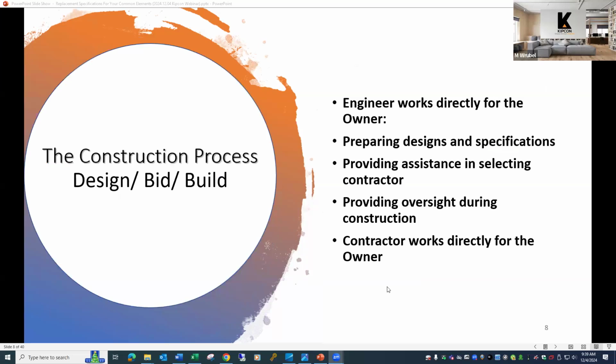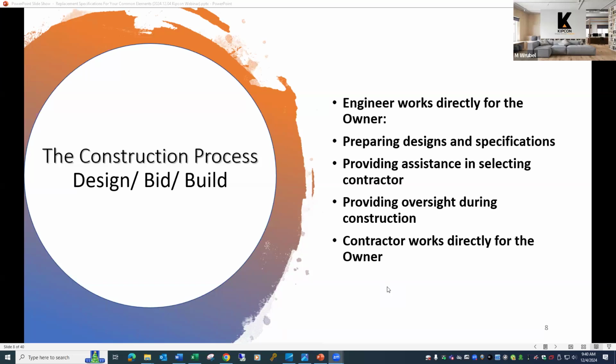So what is the engineer's role? The construction process consists of a design phase, a bidding phase, and an active construction phase. The engineer can be involved in all three phases, and that involvement would entail the preparation of any kind of designs and putting together of any general specifications.